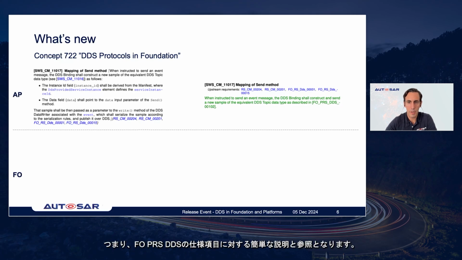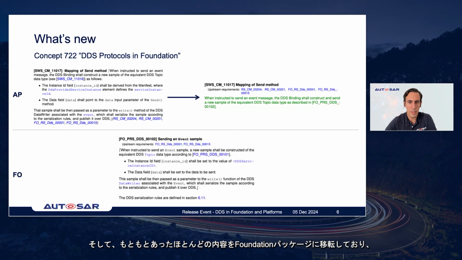Just a brief description and a reference to a FO PRS DDS spec item. And from that, we have taken most of the content down to the foundation package, where now we have a very, let's say, platform independent, platform agnostic implementation of the same requirement that can be reused both from the adaptive platform and the classic platform.